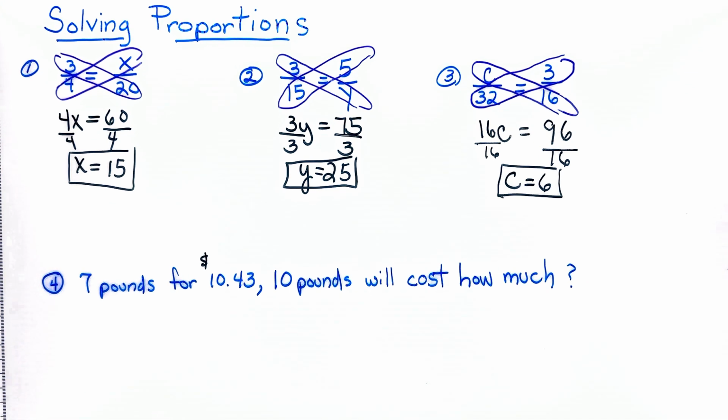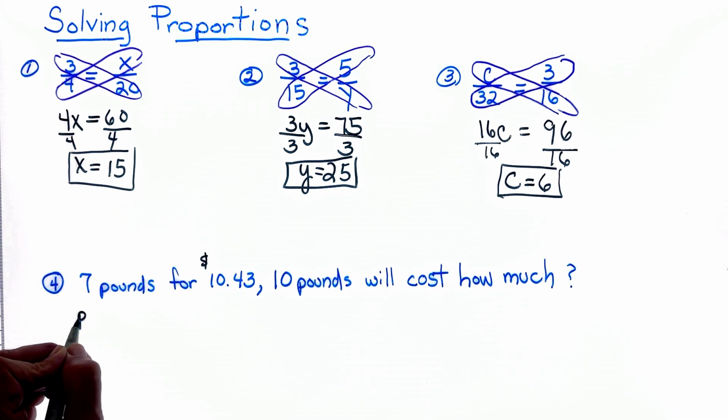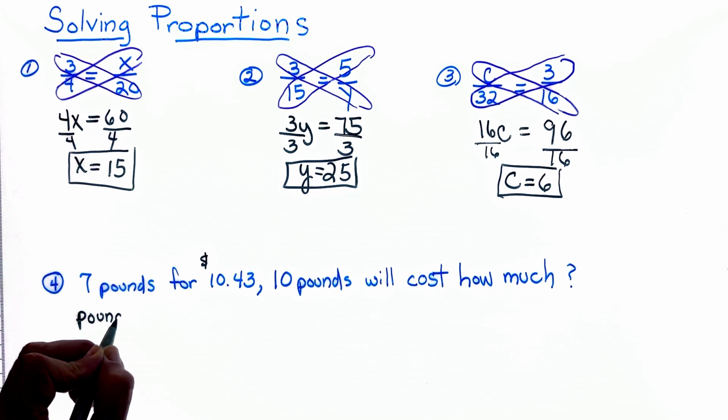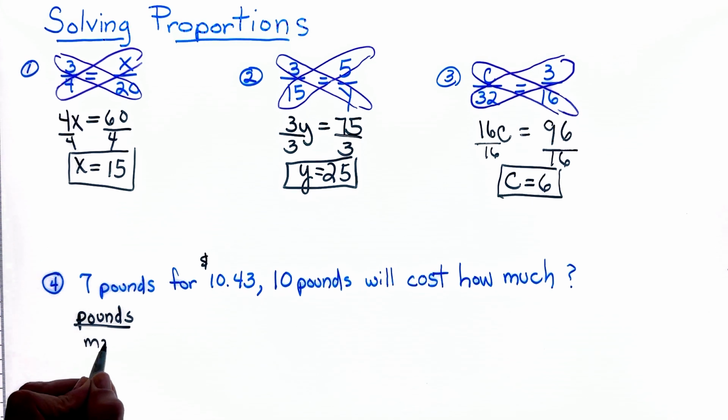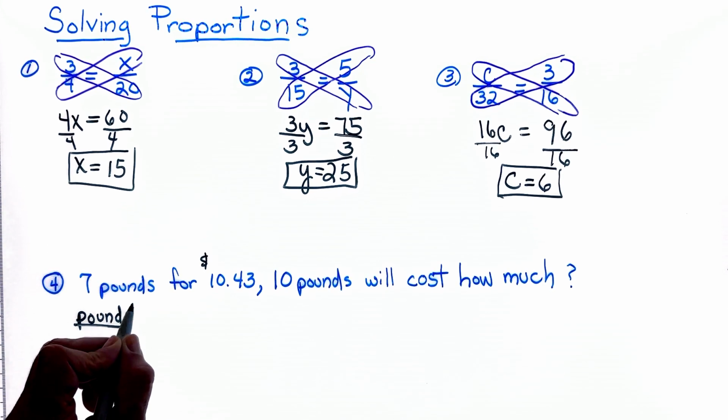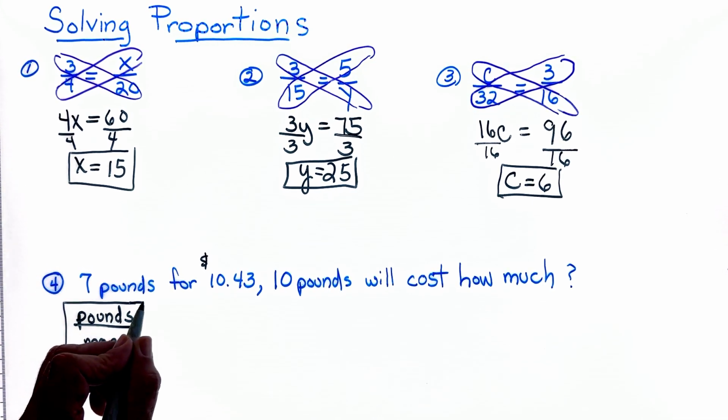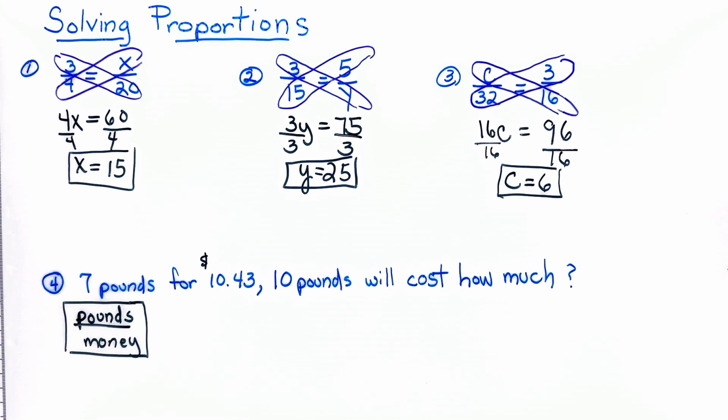So I usually set up what I call my word box. What are we comparing? We're comparing pounds and we're comparing money. This gives me a mindset so I know when I write my ratio, my numerator has to represent the pounds, my money must be in my denominator.